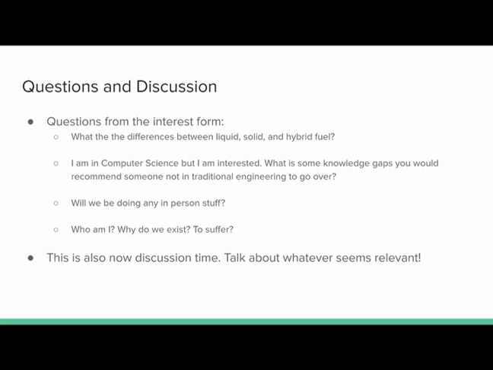The next question was, I'm in computer science, but I'm interested. What are some knowledge gaps that you would recommend someone not in traditional engineering to go over? A huge one is thermodynamics. It's important to note that a lot of even the more engineering people probably haven't gotten there yet, because it is a higher level class. Many of us are on the same page where we know nothing about this.